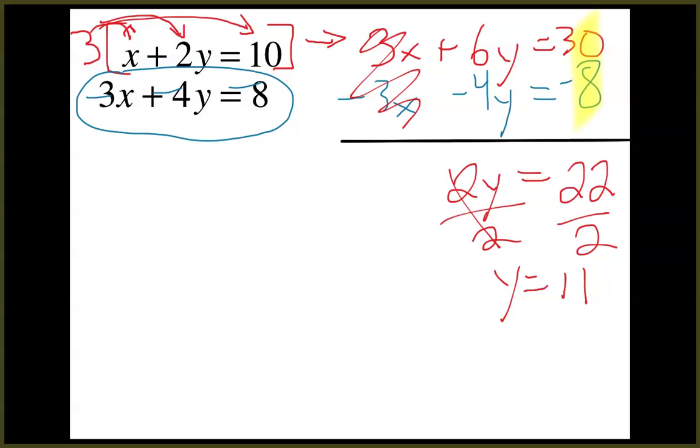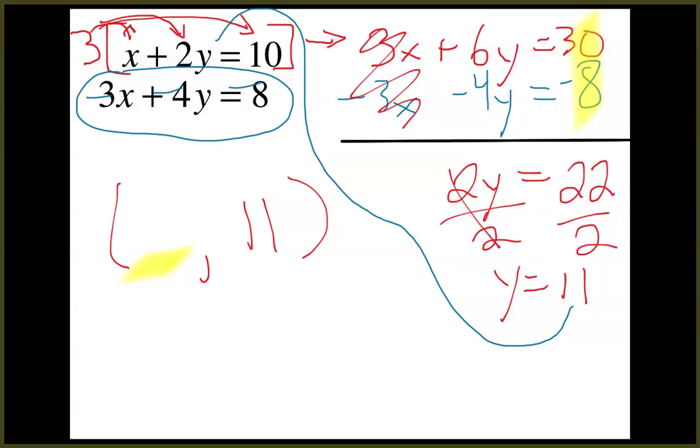Now, am I done? No, I only have the y part. I need to get the x part here, and I can do that, of course, by just plugging something in. I can plug this in right there, because I know y is 11, so now I know that x plus 2 times 11 equals 10, and I can just solve this equation.